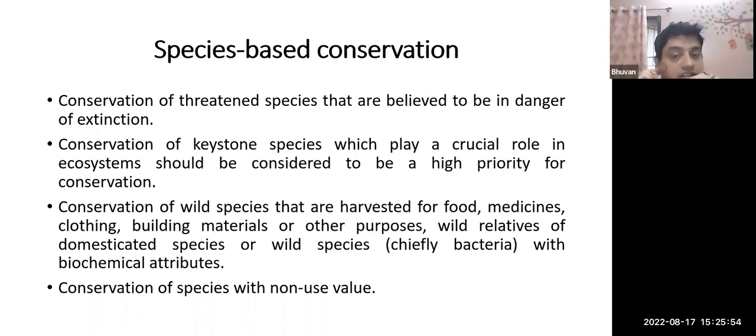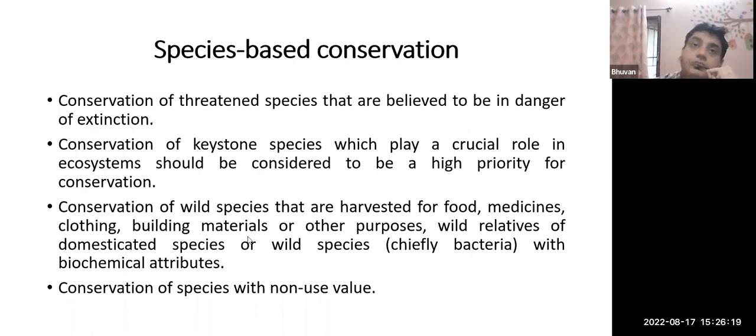So wild species or the wild relatives of the crop plants can also be selected for species based conservation. We can target them, and we can save them or conserve them for their present uses and also for future uses. Then we have the conservation of species which have some non-use value.